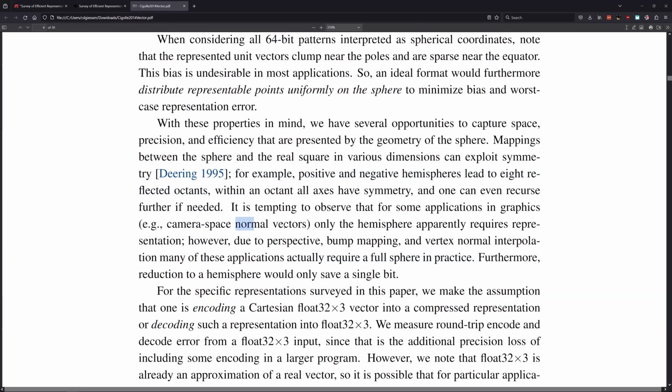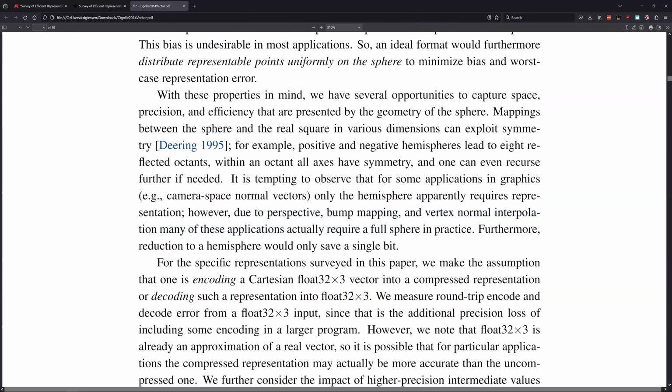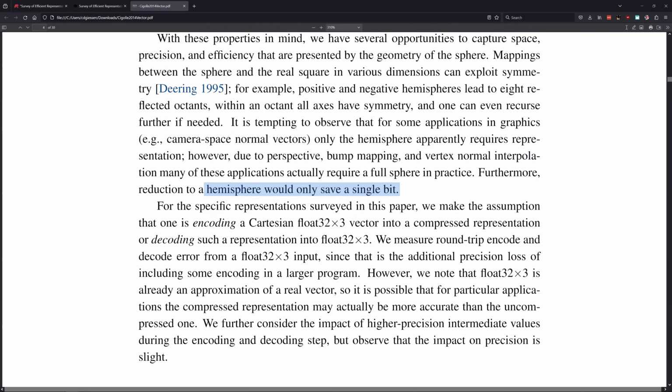Yeah, in many cases, when we have unit vectors, we actually have hemisphere vectors, but because we often do need a unit vector for other things, it's not really worth focusing on the hemisphere case over just an efficient unit vector.